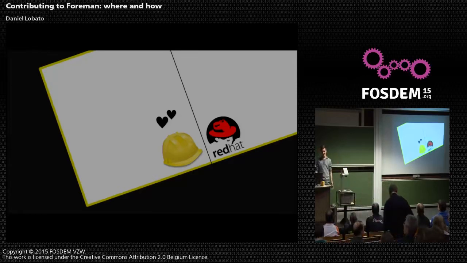So Foreman loves Red Hat, I guess. What I mean by that is that Red Hat sponsors the project very heavily. Most of the team working on it full time work for Red Hat, and Red Hat takes it, packages it, and gives you support. It also adds a little more niceties like integrations with Pulp and so forth. You can do it with the open source versions as well, but Red Hat gives you support.